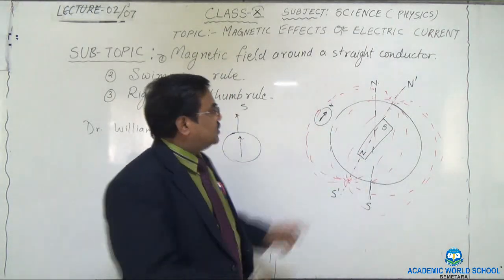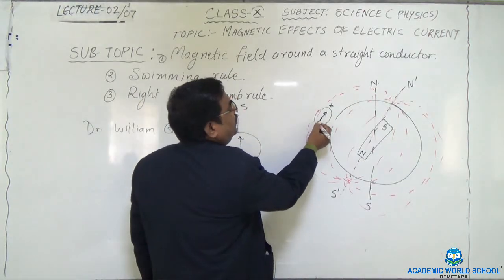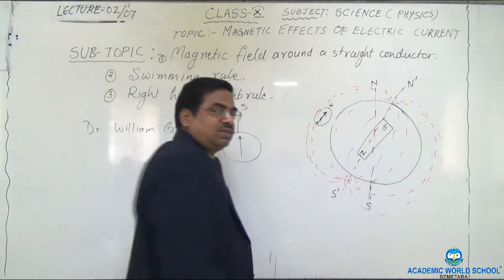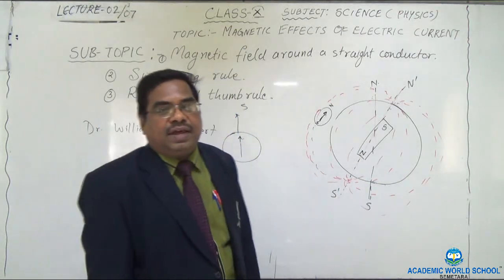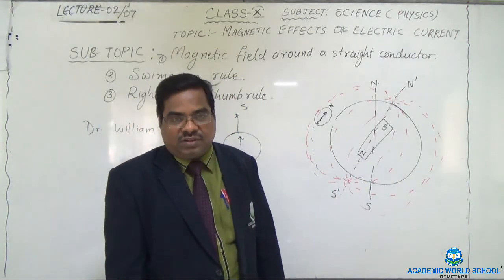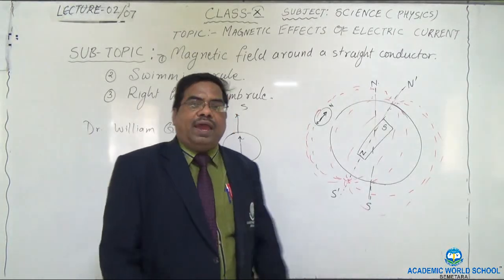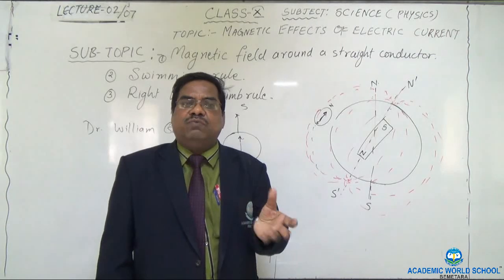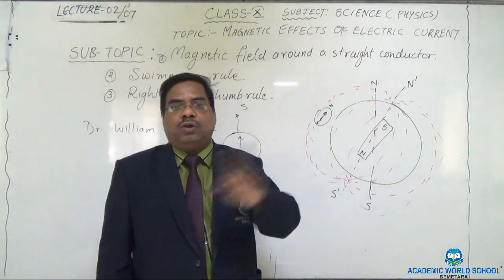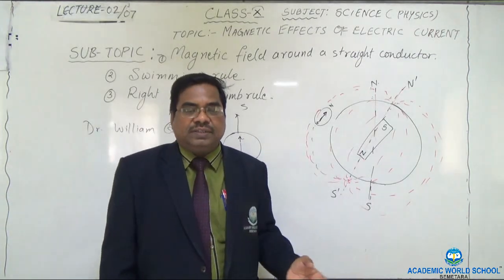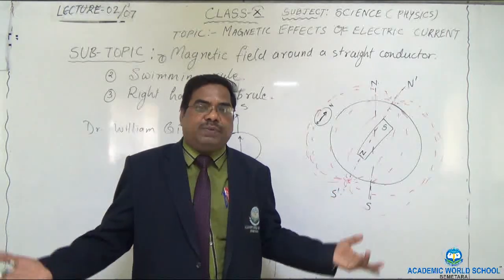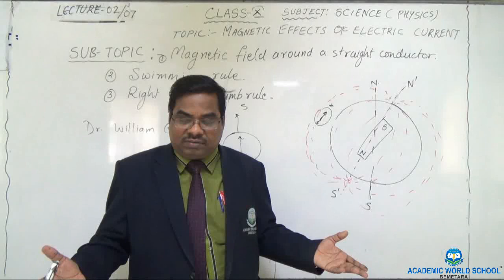That's why the south direction of the magnetic compass is attracted by this north, and you are able to recognize the south direction. Okay, so anywhere if you keep any compass, that compass will always be showing north and south direction. That is a universal magnetic field everywhere present on the earth.